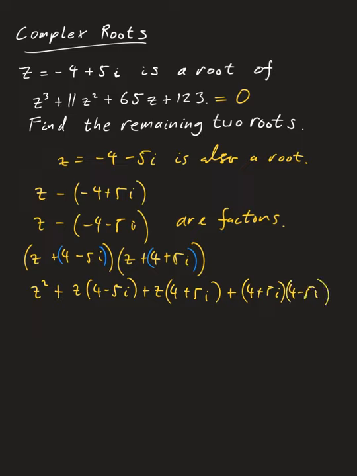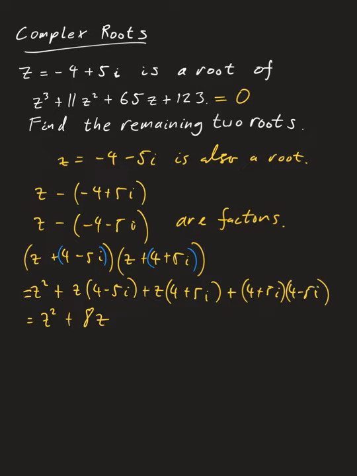So that's everything multiplied out. So that's equal to z squared. You see the plus and minus 5i there are going to cancel, and I'm just going to get z times 4 plus z times 4. That's going to be 8z. And on the right there, I have 4 plus 5i times 4 minus 5i.